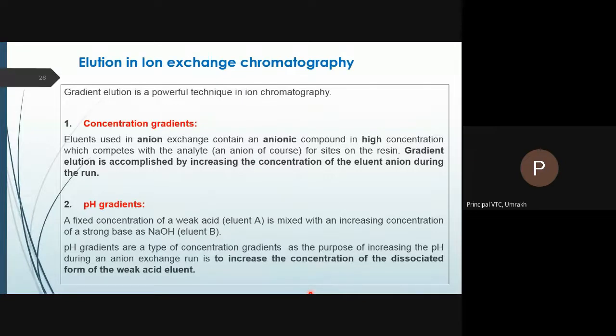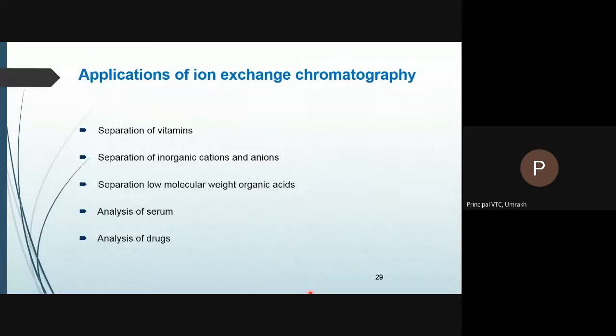If we talk about applications of ion exchange chromatography, it can be used for separation of vitamins, separation of ionic cations and anions, and low molecular weight organic acids can also be separated. We can go with analysis of serum, and analysis of drugs also.